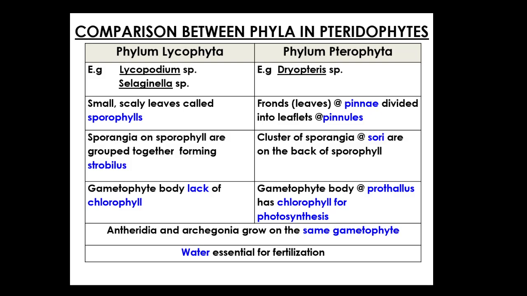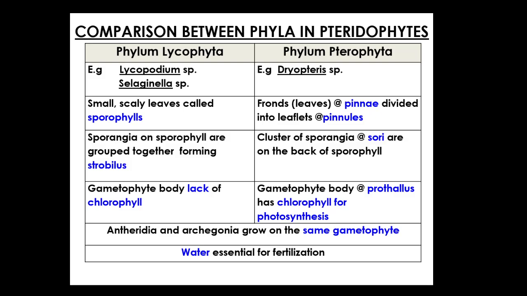I may or may not have mentioned this in your class before, but the comparison between Lycophyta and Pterophyta led some scientists to believe that these two, although they are in group Pteridophytes, are actually kind of different from each other. And some people have called Lycophyta as moss-like and phylum Pterophyta as fern-like.